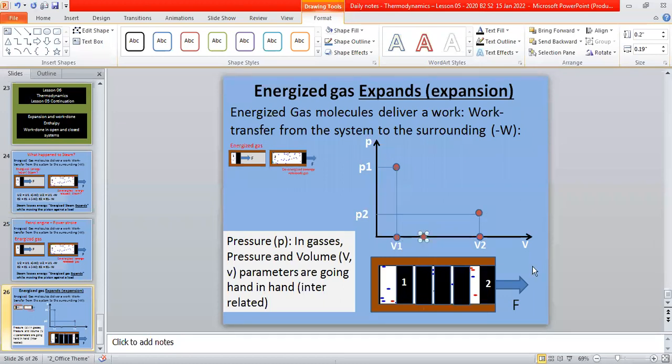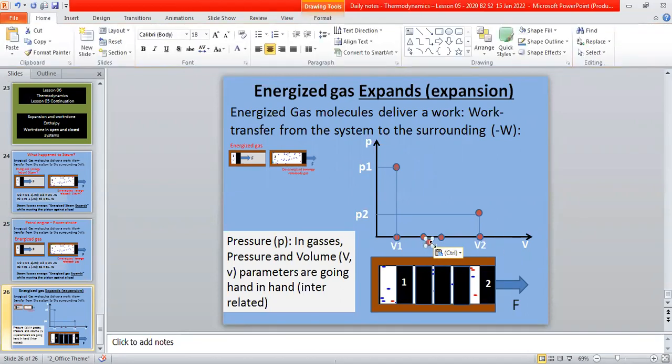I can mark it. Likewise, intermediate states. And the corresponding pressure levels also possible.